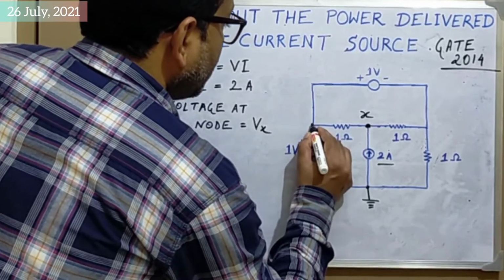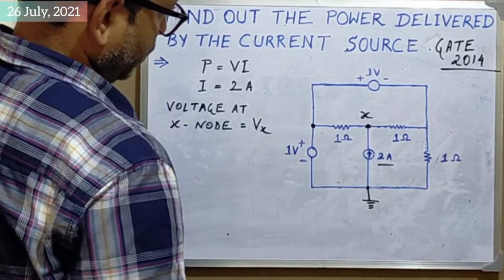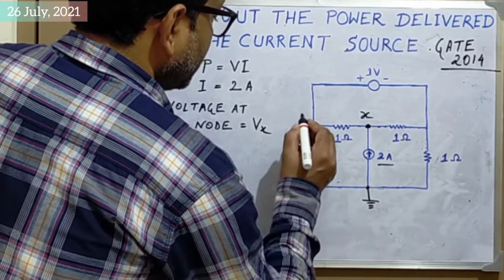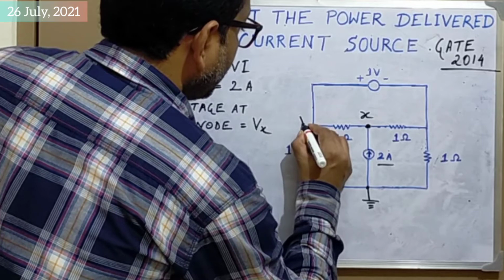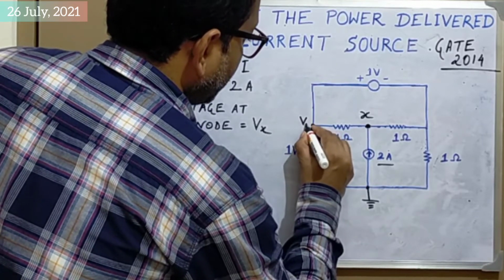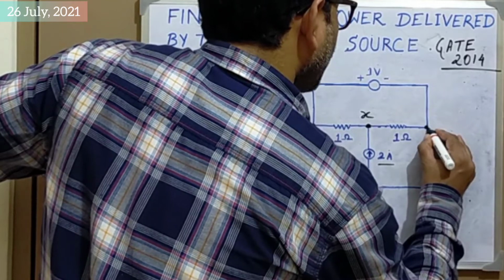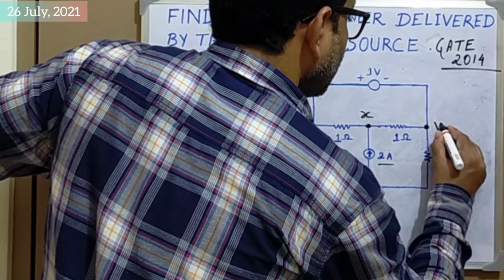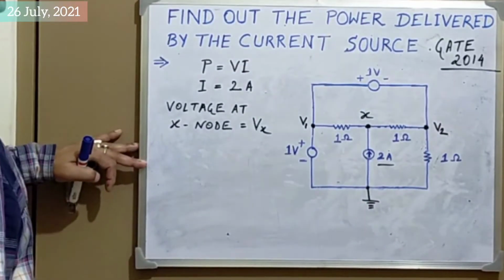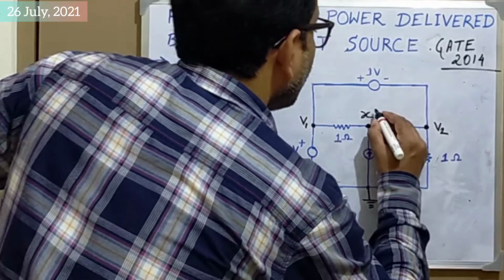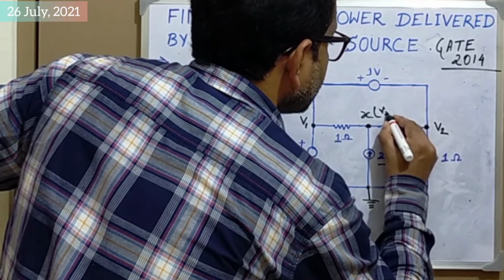Now what is the voltage for this particular node? Let's consider the voltage for this node is say V1, and the voltage or potential for this node is V2. Okay, and for this X node the voltage is say Vx.